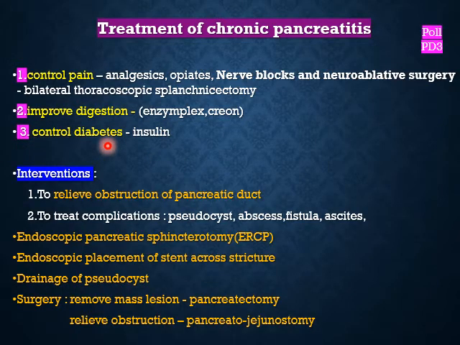Interventional treatment is to relieve obstruction of the pancreatic duct. If all means of relieving pain fail, then you may have to resort to relieving the obstruction of the pancreatic duct. Then you must treat the complications such as pseudocysts or abscesses that may develop, fistula, ascites, varices.